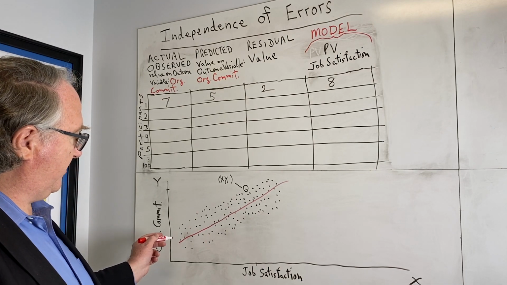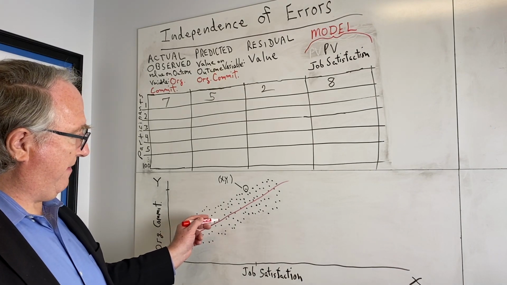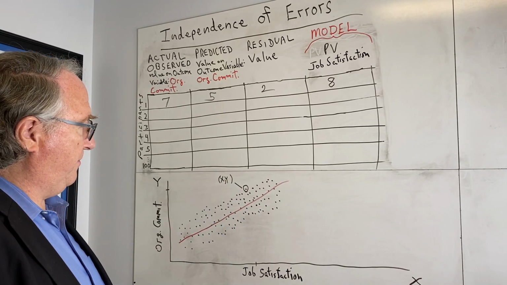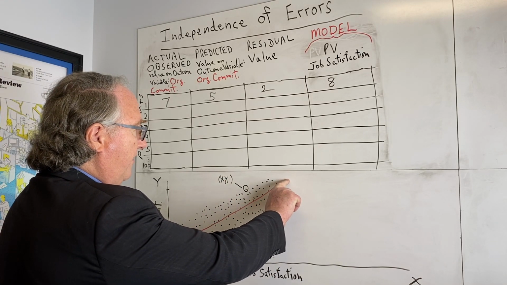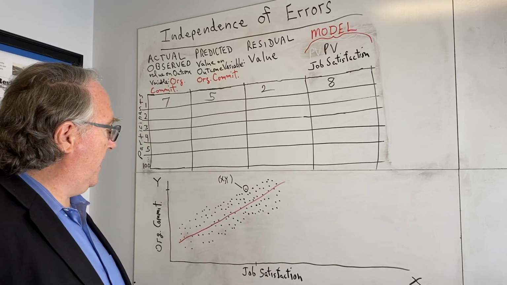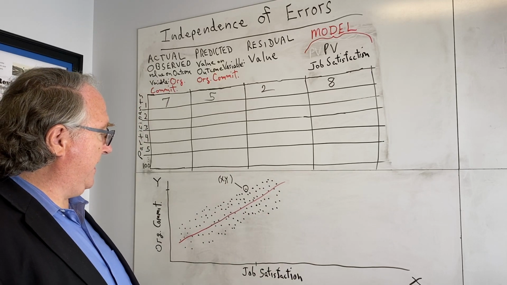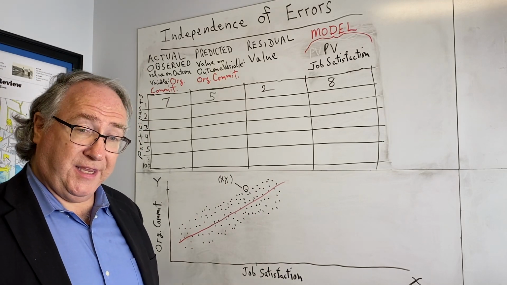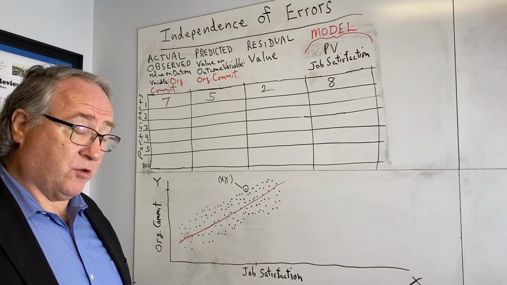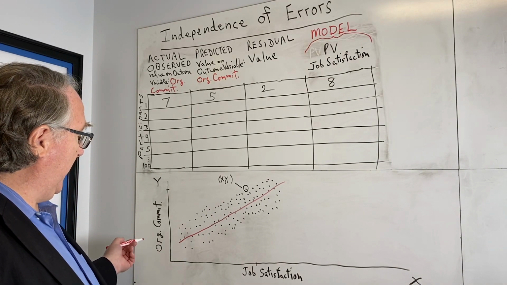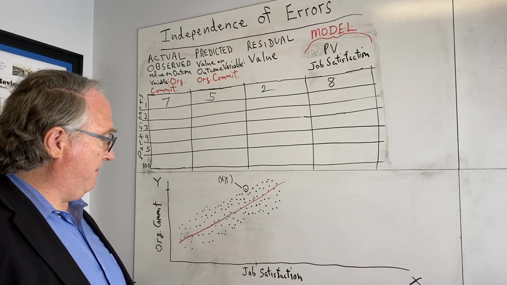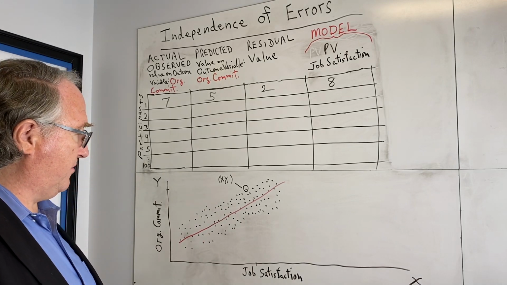I'll do my best to make that a straight line, which it should be. It displays the overall linear relationship between the outcome variable organizational commitment and our predictor variable job satisfaction.